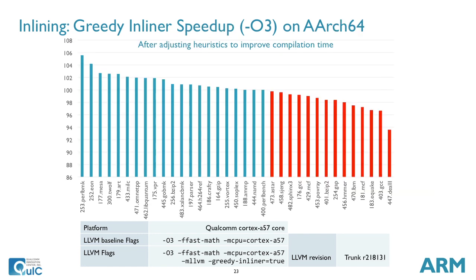When we move to AArch64 or an A57 device, at this point we were not only building SPEC with the grid inliner, but we also tried to enable it on a large C++ code base we have access to. The first thing we ran into was compilation time. There was a substantial increase.